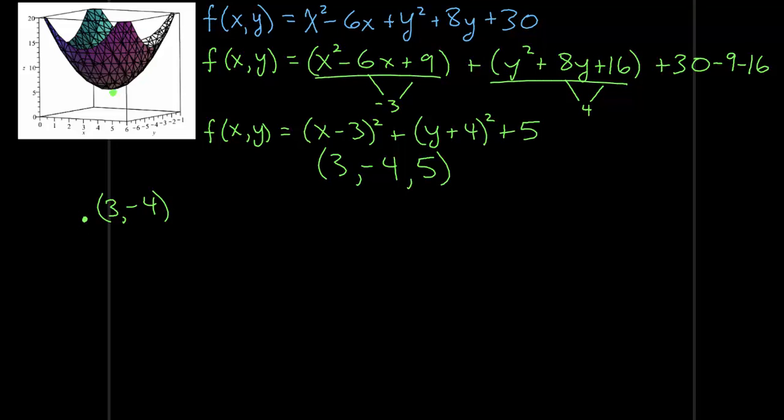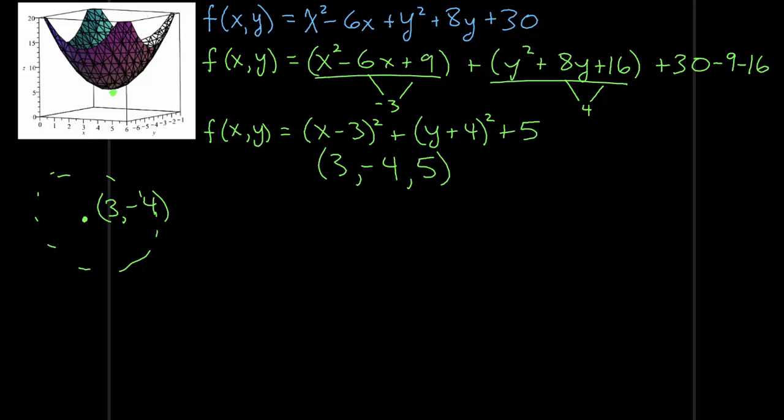And what that means is that I can find some disk where 3, -4 is the center of this disk, and every point in there is going to be greater than or equal to 5. That's what we mean by a minimum. So all the other points around here will give a function value bigger than 5. Therefore, we say 5 is a minimum, a local minimum.